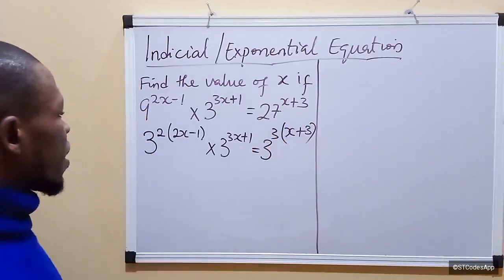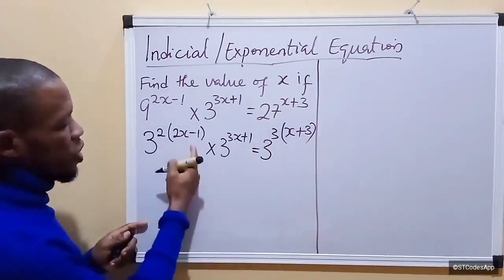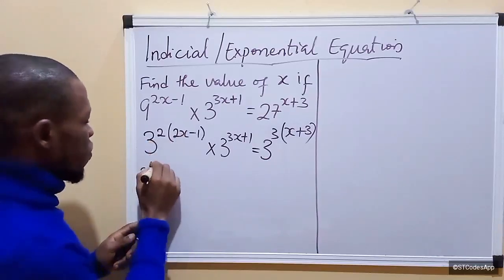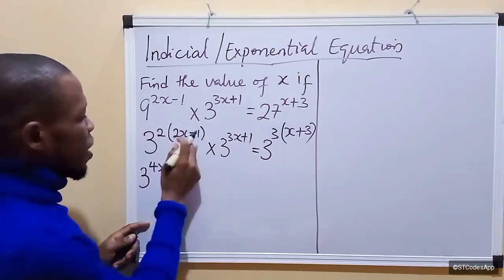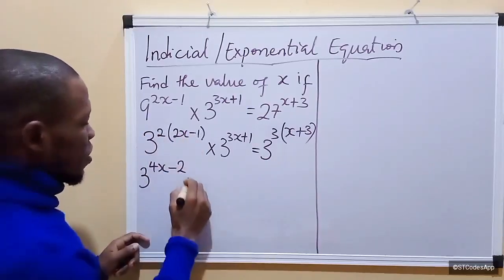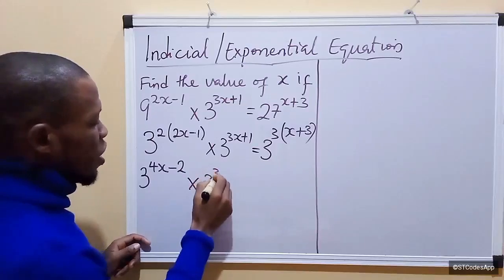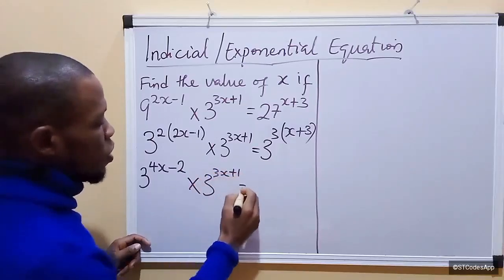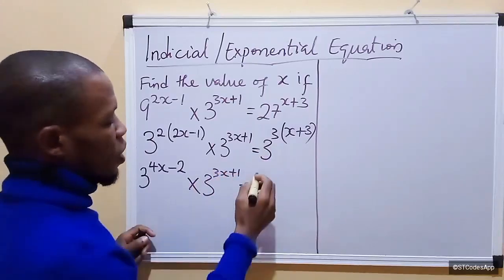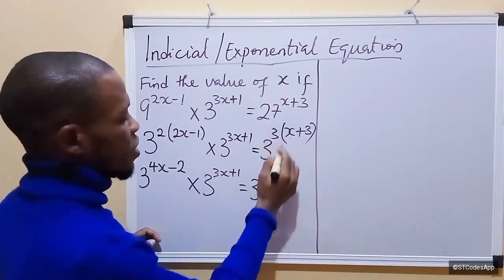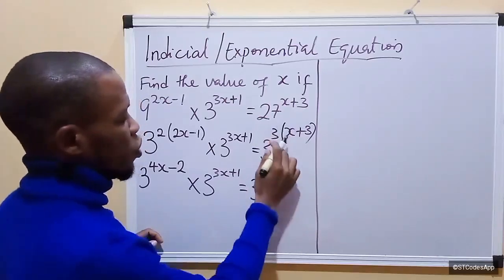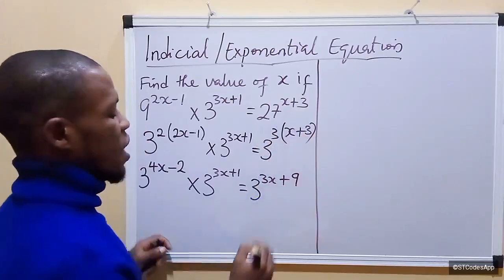So let's open up the brackets here for the powers. We're going to have 3 raised to the power 2 times 2x gives us 4x, plus 2 times minus 1 gives us minus 2, times 3 raised to the power 3x plus 1, equal to, then let's open up the bracket here. We're going to have 3 raised to the power 3 times x is 3x, plus 3 times 3 is 9.